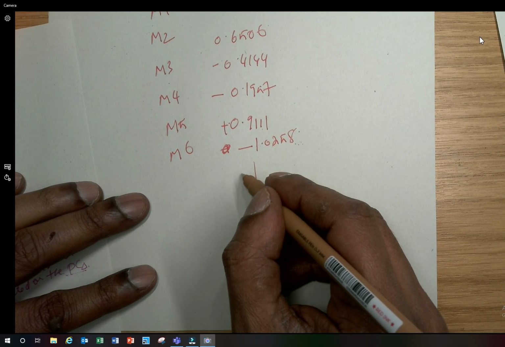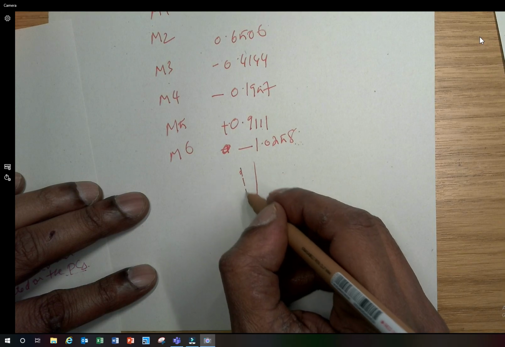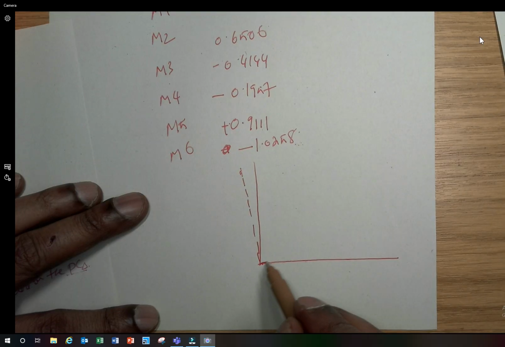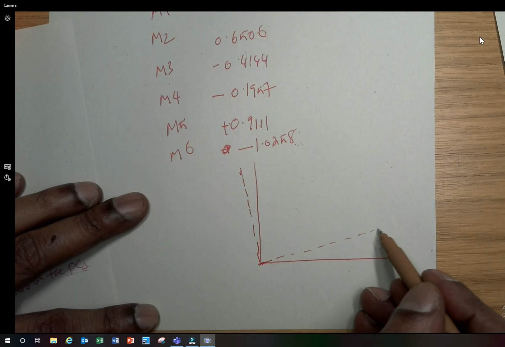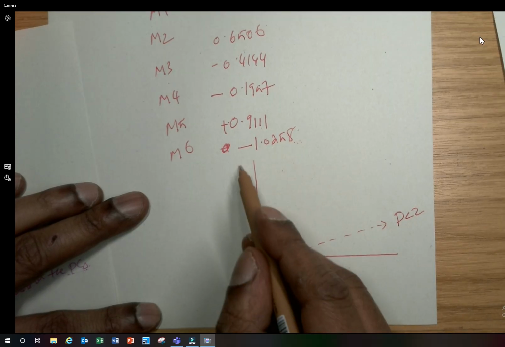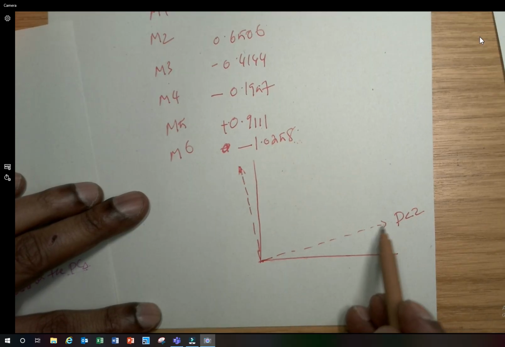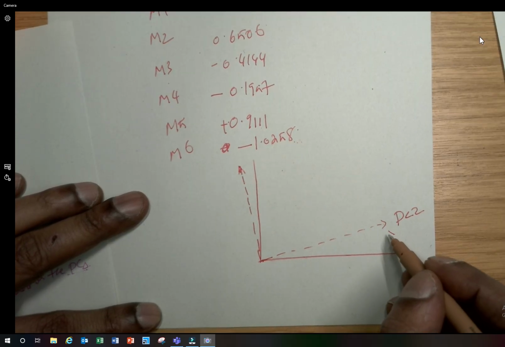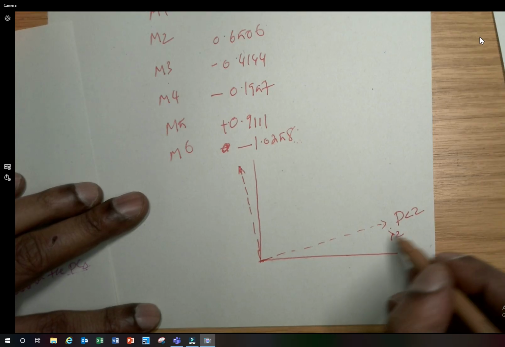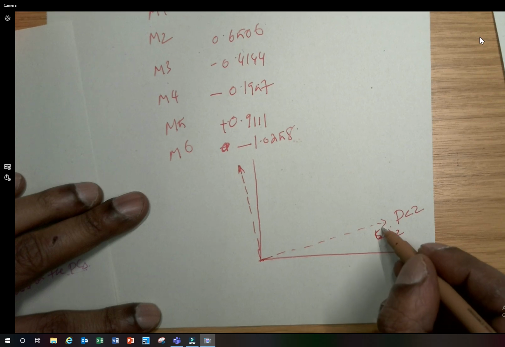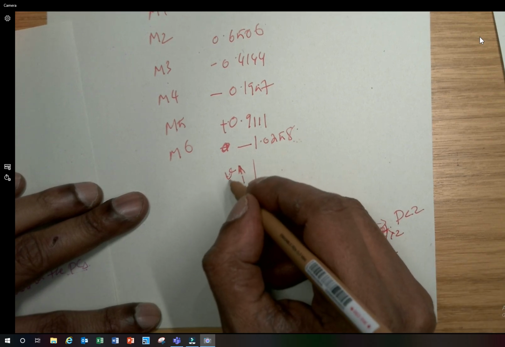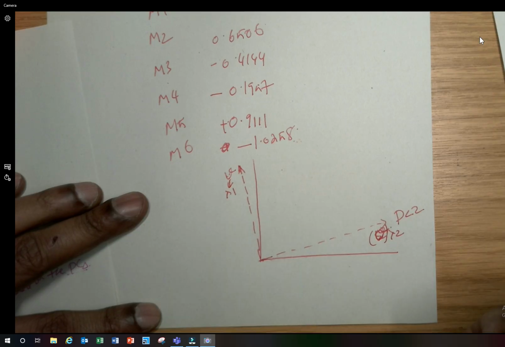Earlier I showed how the PC1 looks, somewhere around here. Another one, PC2, is somewhere around here. I already explained where this direction comes from. This is nothing but the eigenvector that corresponds to eigenvalue lambda 2, and this is the eigenvector that corresponds to lambda 1.